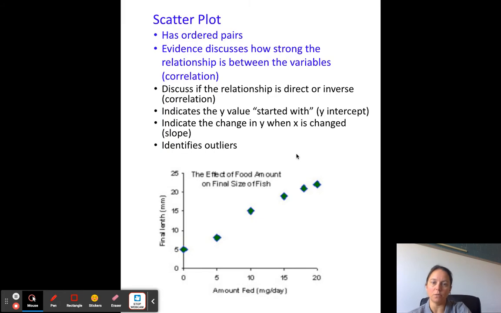So today we're going to be looking at scatter plots and the information that we can learn from the data in a scatter plot. So let's review what a scatter plot is.